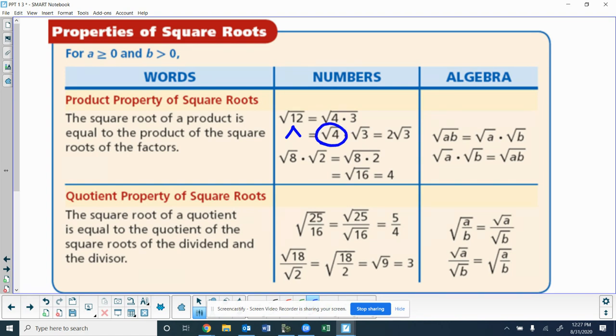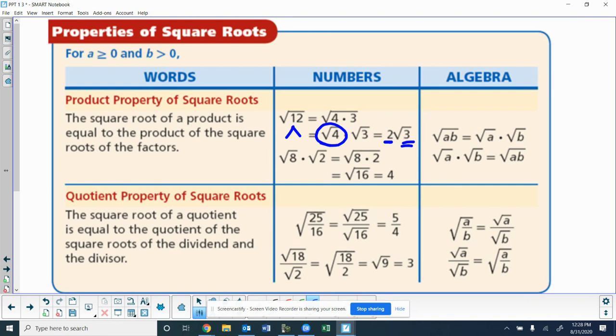And I know that the square root of 4 is 2. And all of you know that the square root of 4 is 2, right? So that 2 from the square root of 4 comes out front. And that 3 from the 4 times 3 to 12, that doesn't have a perfect square factor. That stays underneath the radical sign, or stays part of the radicand is what we call it.